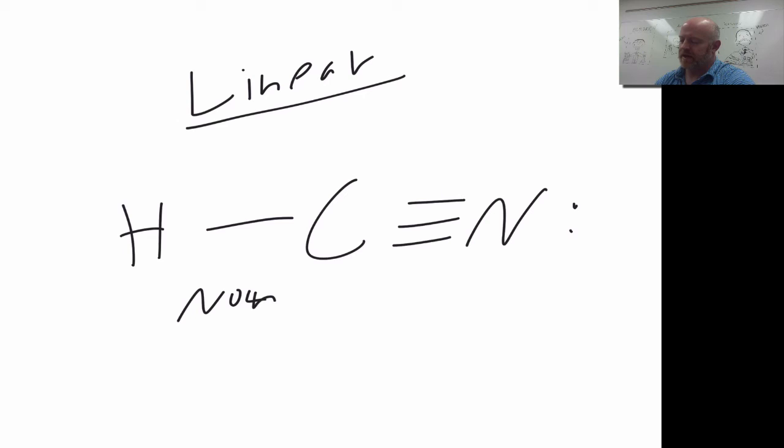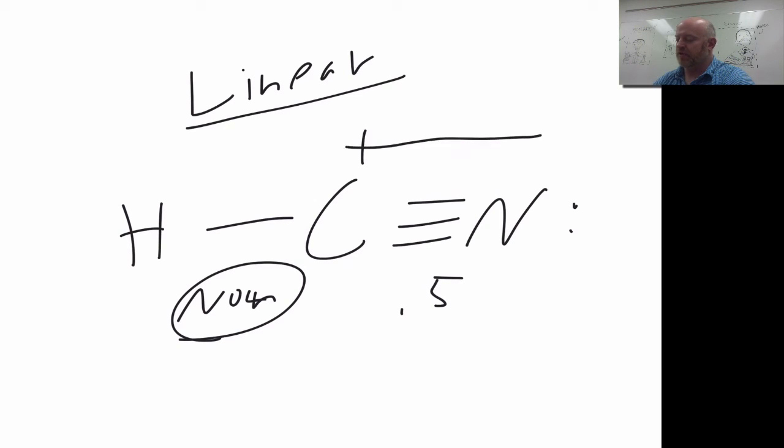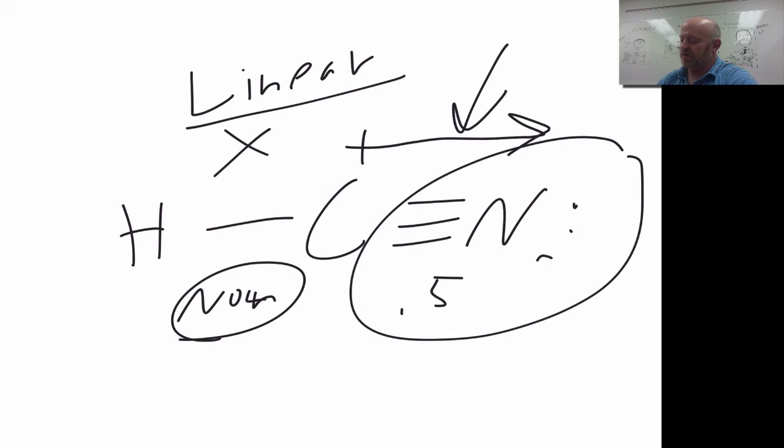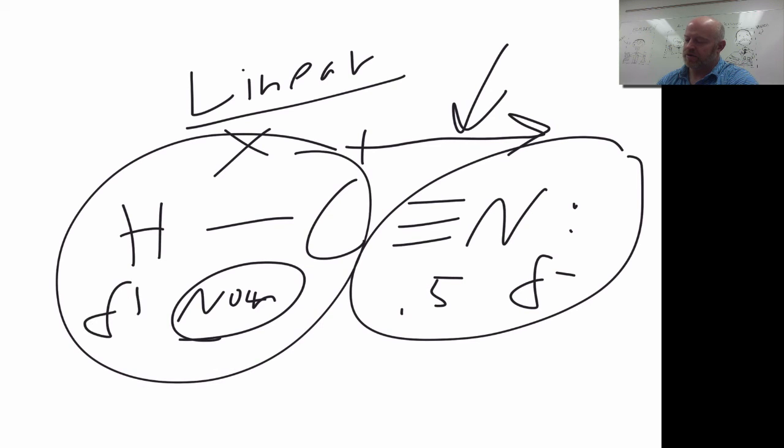So if you do the math on that, this would not create polarity. However, the carbon to nitrogen bond has a difference in polarity of about 0.5. So it is a polar bond, which means you get a pull in this direction. Well, there's nothing over here to cancel that out. So even though we have a linear molecule, because of this polar bond right here, the overall molecule will become polar. We'll get this side being more partially negative and this side of the molecule being more partially positive.